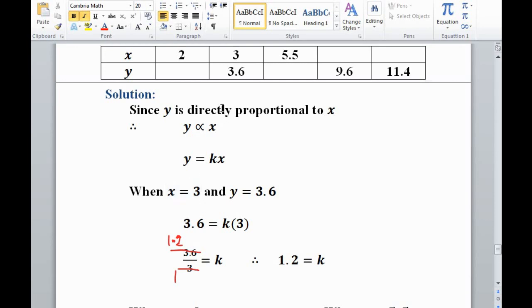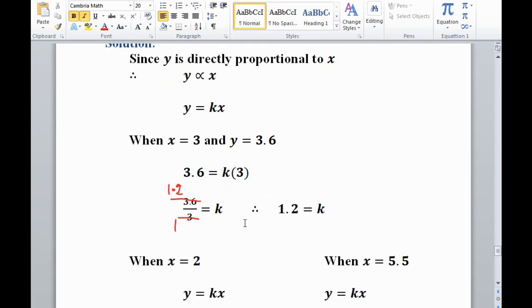So when x equals 3 and y equals 3.6, with the help of these two values we can find the constant k. So by putting these two values in this equation, y equals kx becomes 3.6 equals k multiplied by 3. Again we are finding constant k, so let's take this 3 from right to the left side. Then the fraction becomes 3.6 upon 3. Okay, 3.6 is divisible by 3, so we get 1.2, which is the value of k.